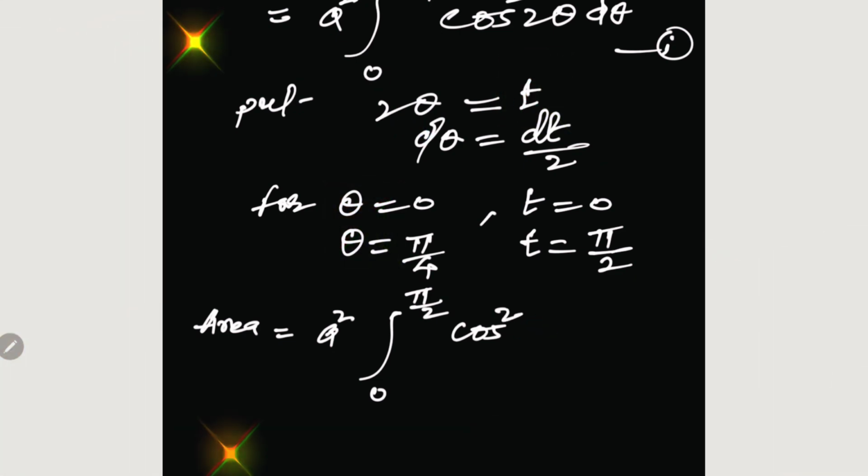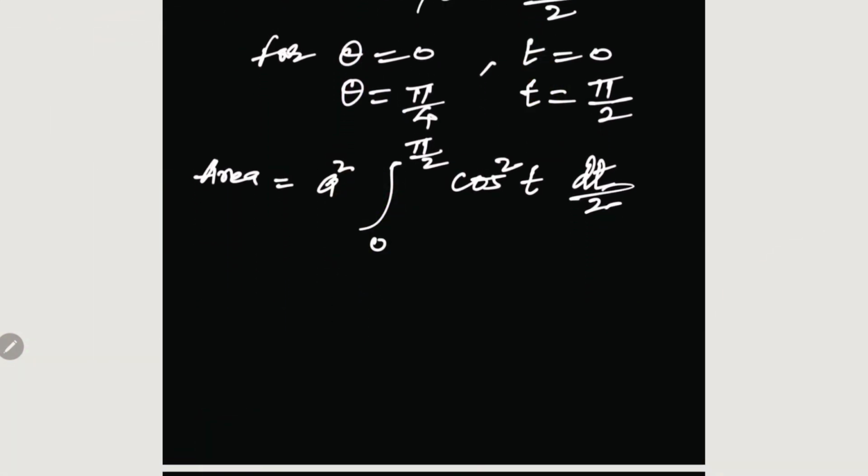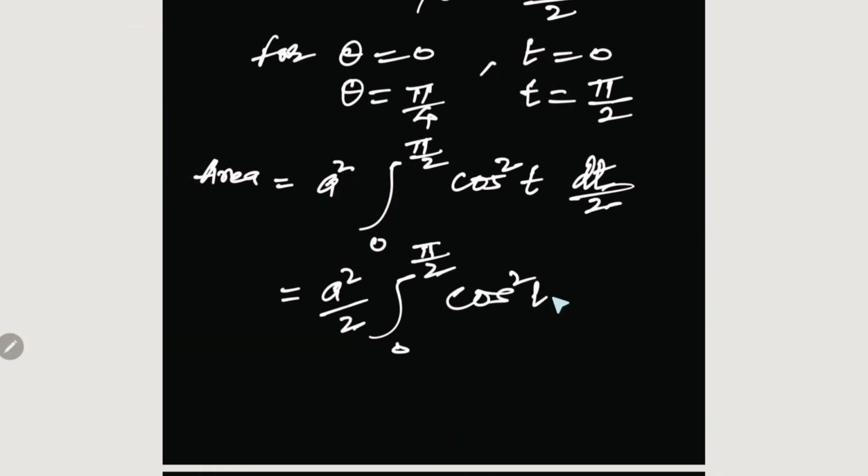What is the value of 2 theta? It is t, and d theta is dt by 2. The 1 by 2 we take outside the integral sign. It is a square by 2 integration from 0 to pi by 2 cos square t dt. We call this equation 2.